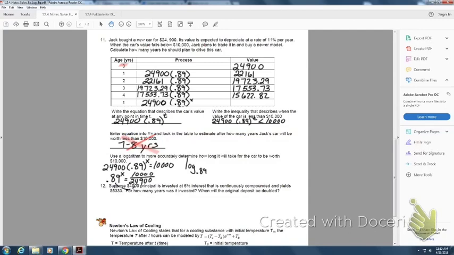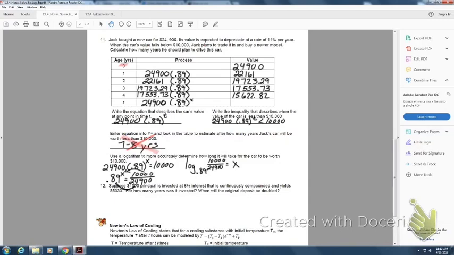So it's the 10,000 over 24,900 equals x. And then you just put that log in there, okay? It's not a complicated log to put in. It's very similar to what you've already been doing.